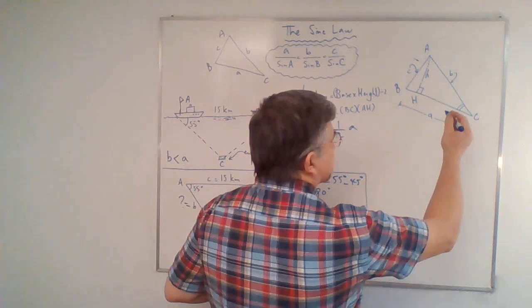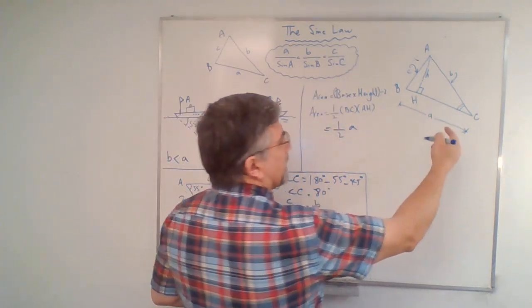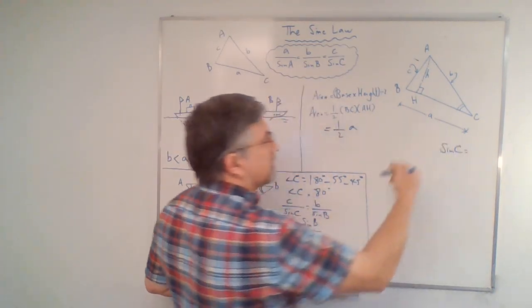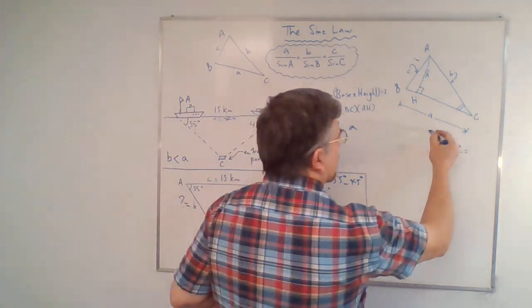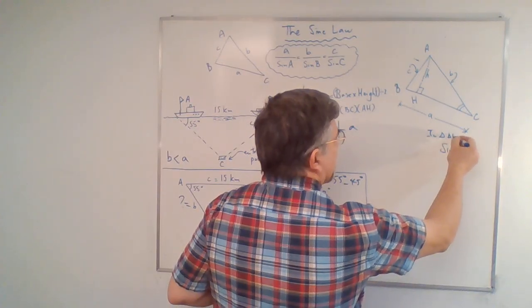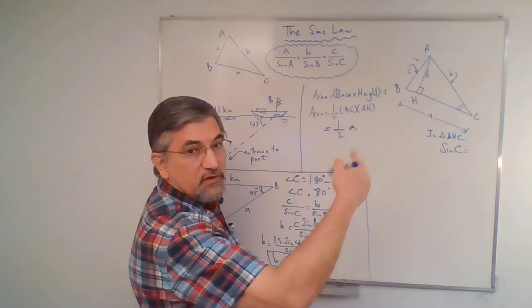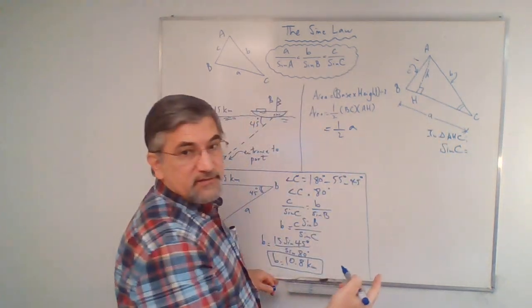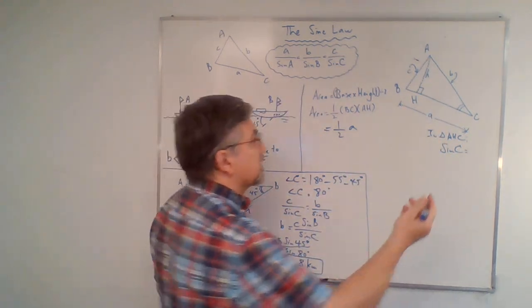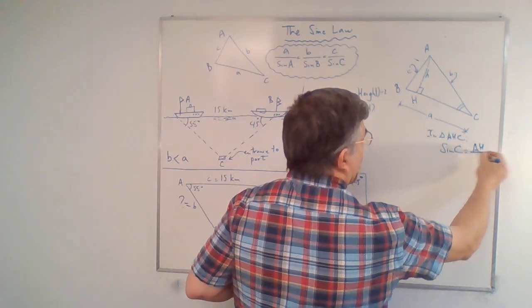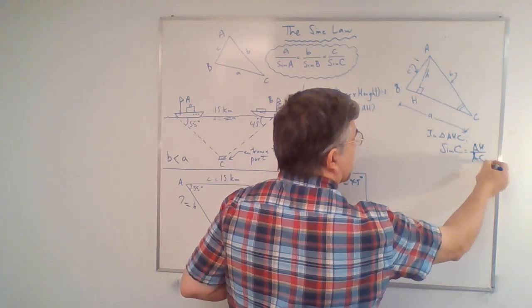So we're going to say sine of angle C in triangle AHC. In triangle AHC, sine of angle C is opposite over hypotenuse because it's a right angle triangle. So we can use SOHCAHTOA over there. The opposite side is AH over hypotenuse, which is AC.